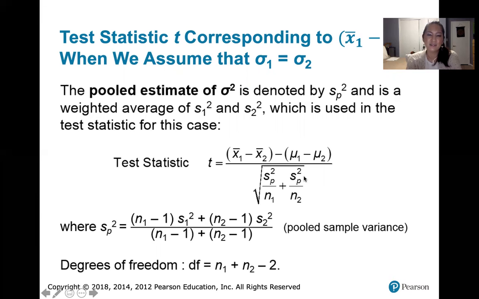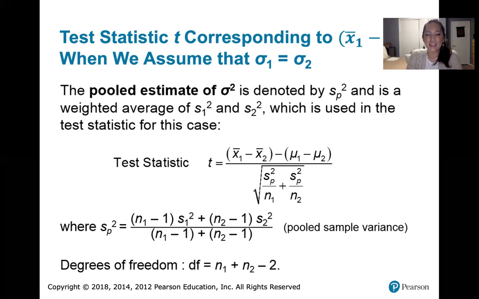But now, we're saying we think that those population variances or population standard deviations are identical to each other. If they are identical, then these two values should be the same value. The problem is we've got 2 samples and we have 2 sample standard deviations. We don't have one common value for both standard deviations.